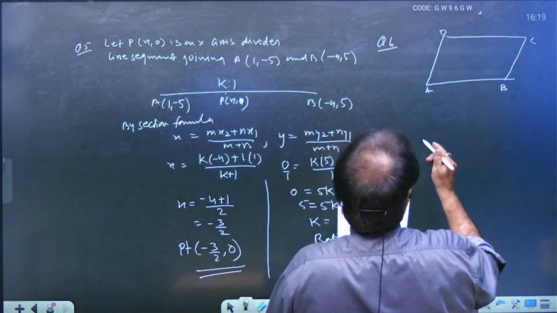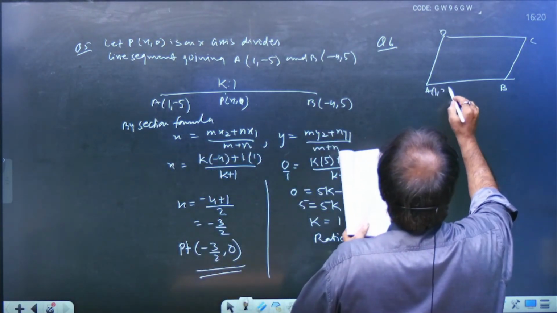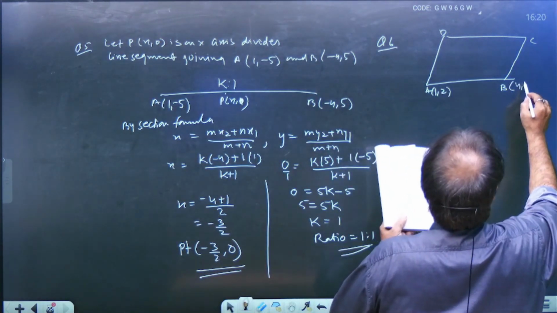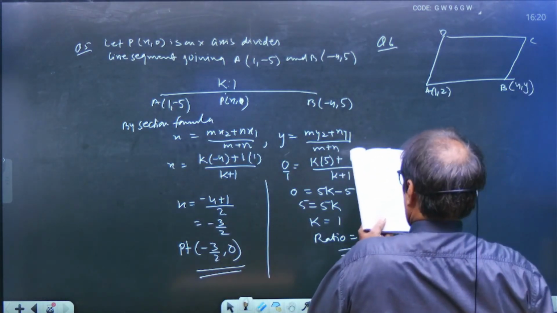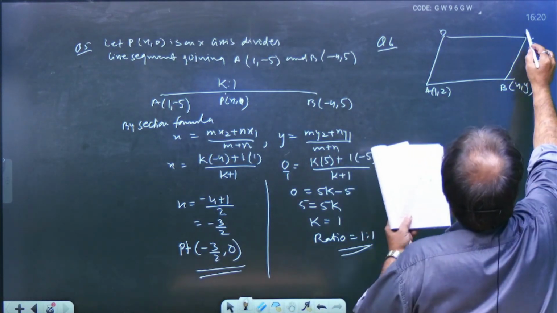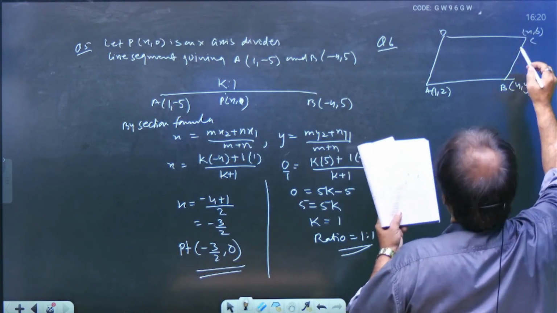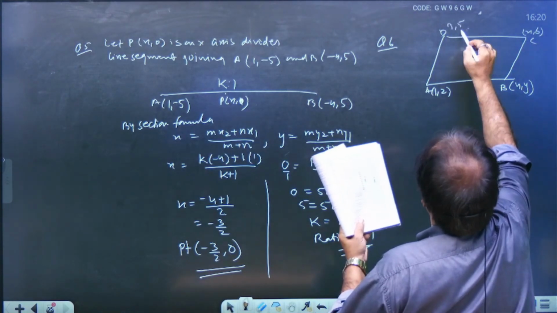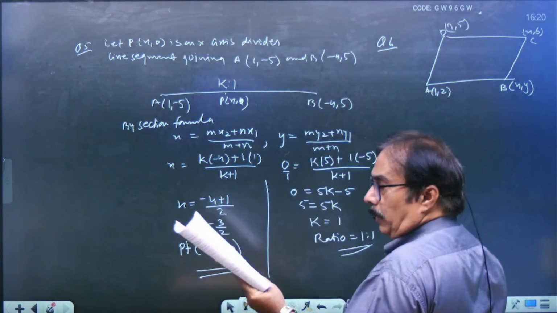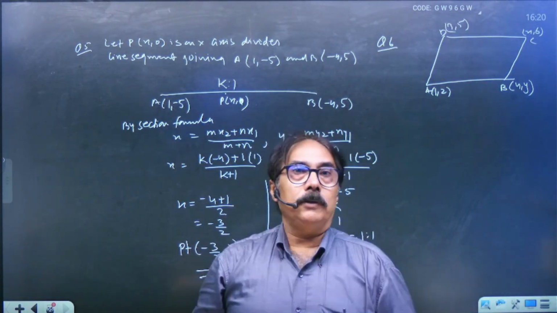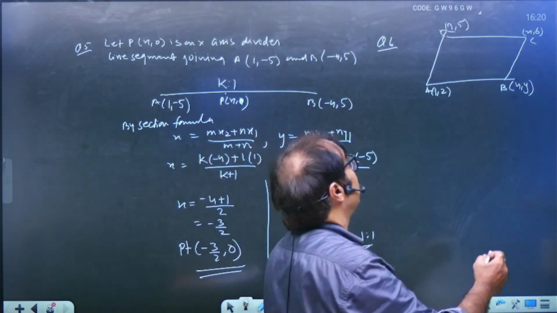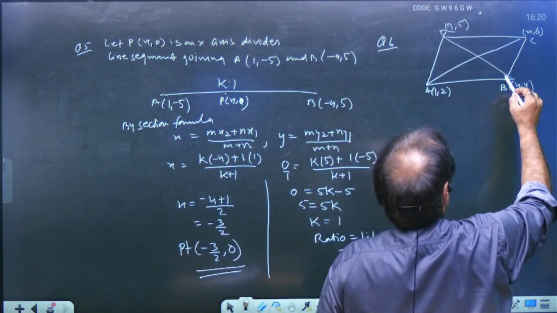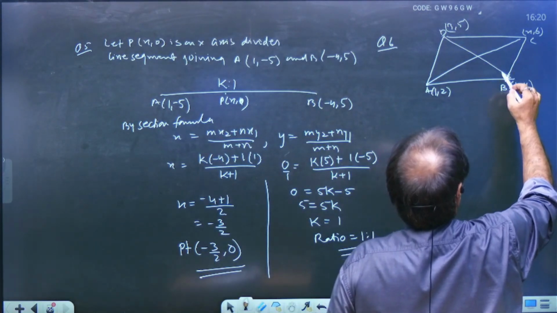So point A is given (1, 2), B is (4, y), C is (x, 6), and D is (3, 5). Okay, so now join the diagonals AC and BD.